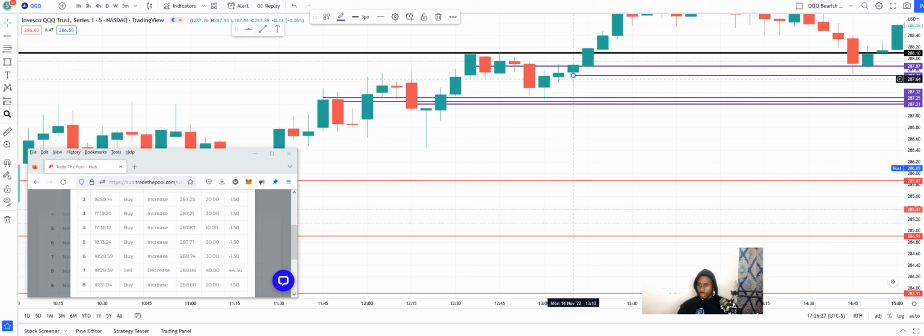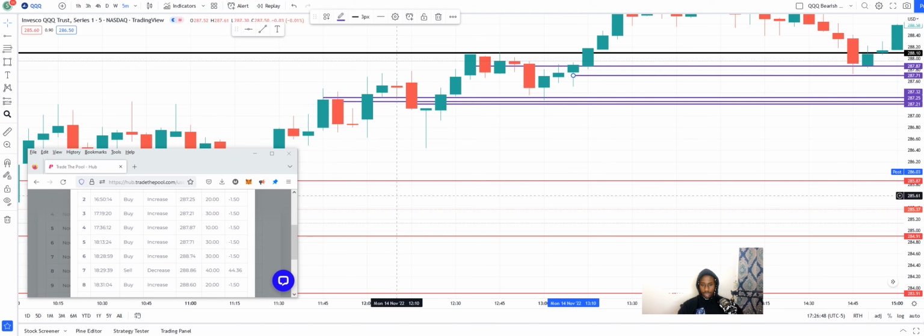Okay, so I buy here, buy here, buy here, buy here, buy here for it to continue going up. 28771, and then minus 5 from this, so 128, had another buy of 30 shares at 28874.